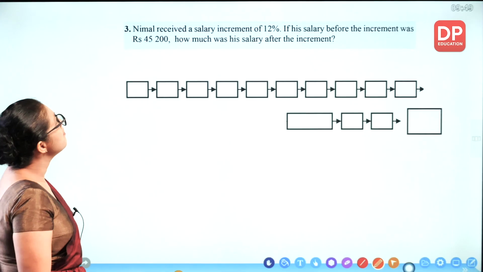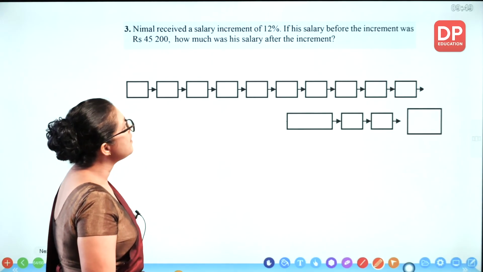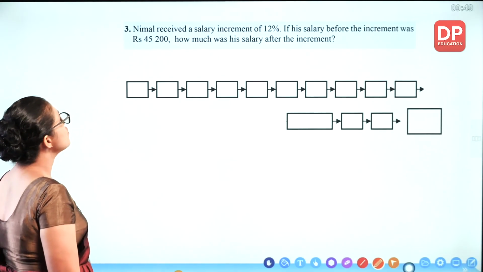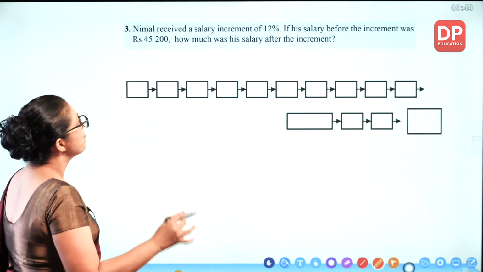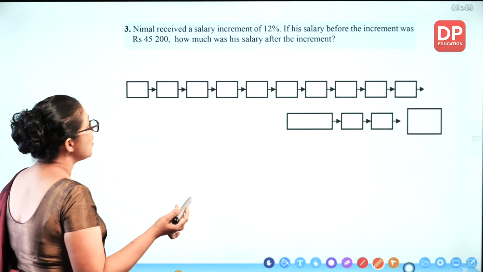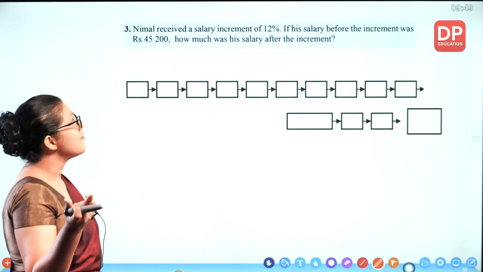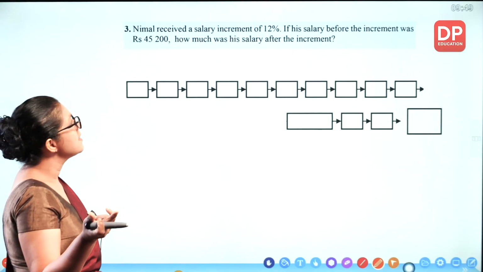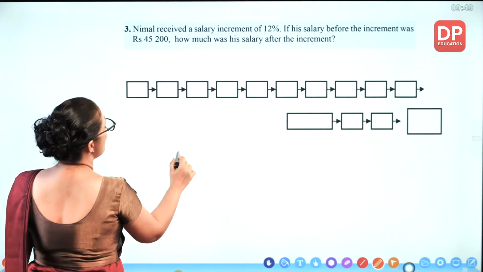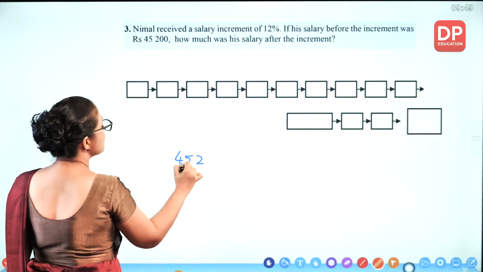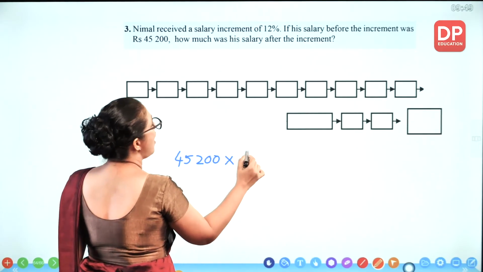Question number 3. Nimal received a salary increment of 12%. His salary before the increment was 45,200. How much was his salary after the increment? So the increment is 12%. If it's 100, you get 112 with the 12% increment. So you have to do 45,200, the previous salary, into 112%.